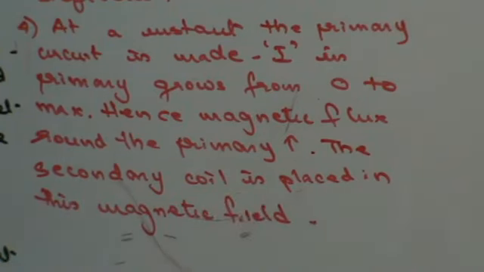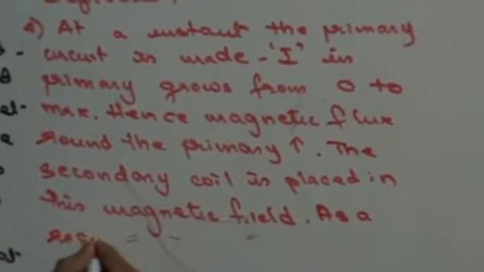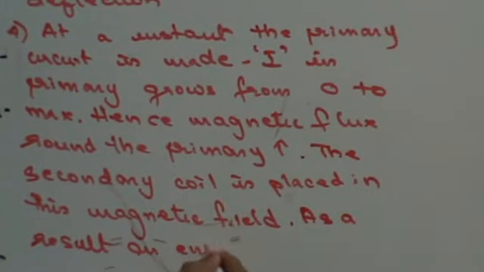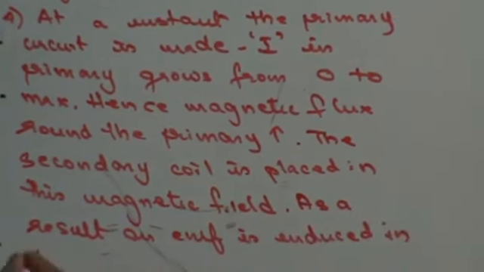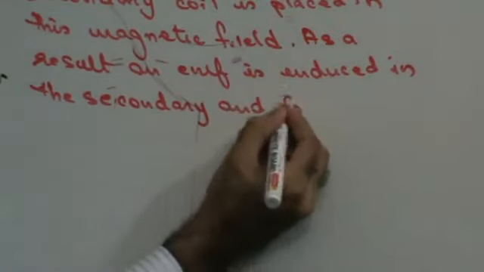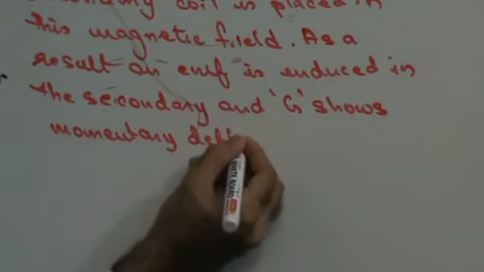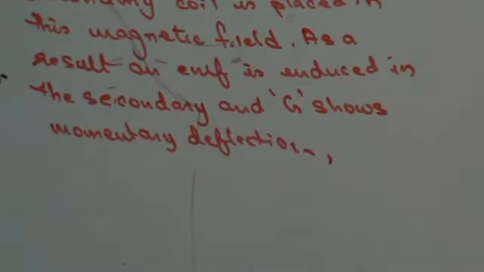Hence, as a result, an EMF is induced in the secondary coil and the galvanometer shows momentary deflection. Right? Next.